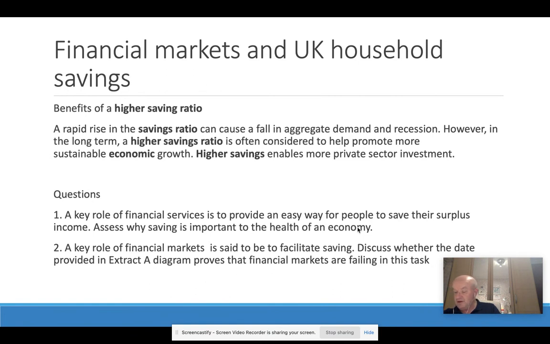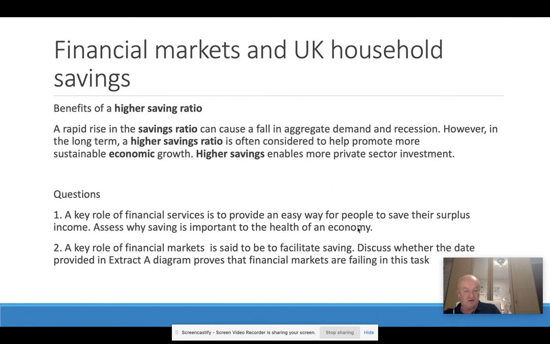Are there any specific trends? Also use that information to help you have a go at answering those two questions. So, a key role of financial services is to provide an easy way for people to save their surplus income. Assess why saving is important to the health of the economy. Given what we've talked about and the amount of info that you're aware of, that's something I think you'd be more than happy to have a go at answering.